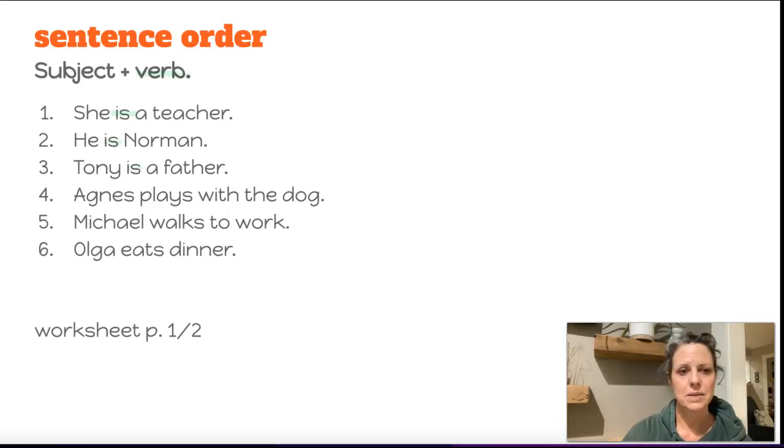Tony is a father. Agnes plays with the dog. What is the verb? Subject, verb. Plays. It's the action or the doing word. Michael walks to work and Olga eats. Those are the verbs.